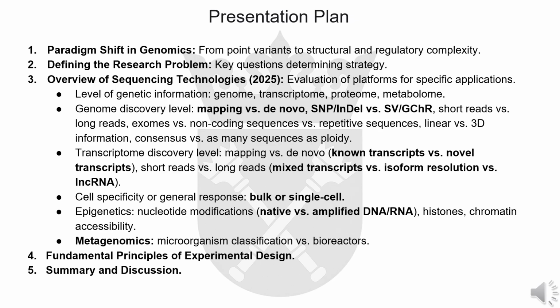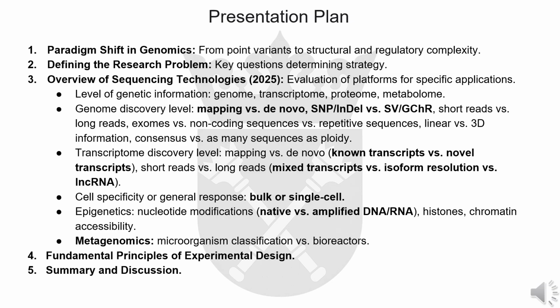Let's begin with a brief overview of what we will discuss today. First, we will talk about how our understanding of genetic variability has changed from the days when we focused almost exclusively on SNPs to the point where we realized that true genetic complexity lies elsewhere. In the second part, I will try to show that the most important stage of an experiment is asking the right question. This is what defines the technology we should use.